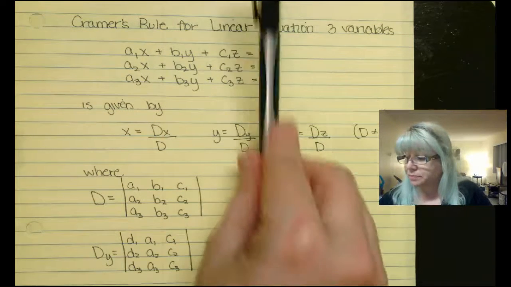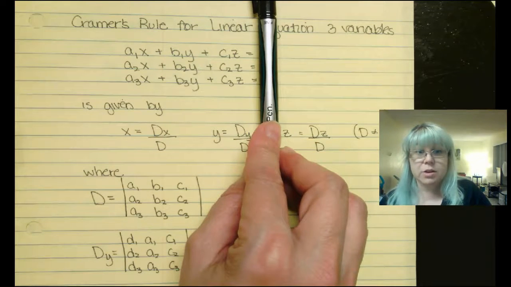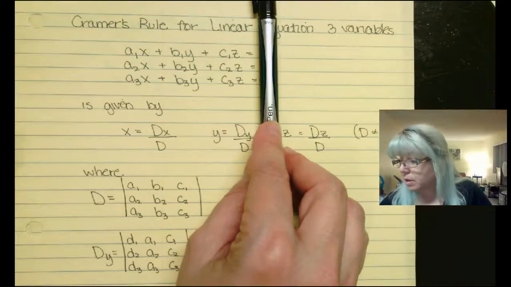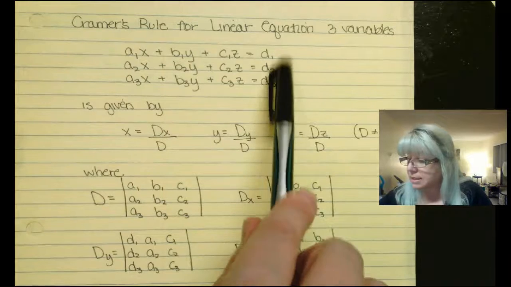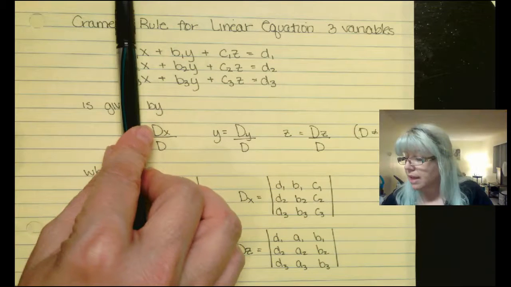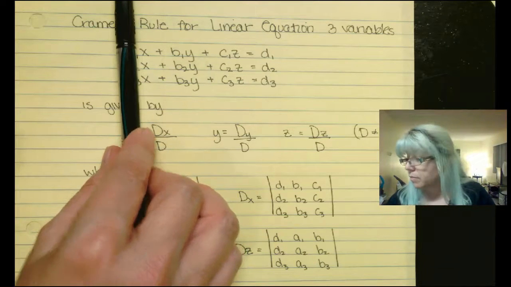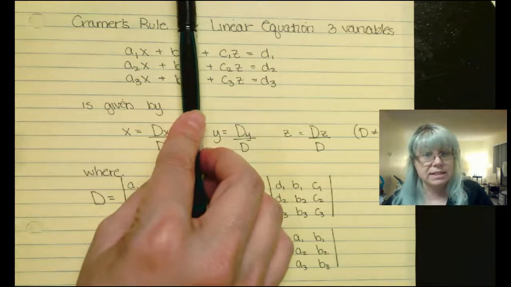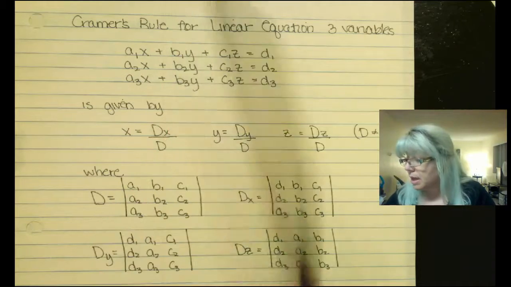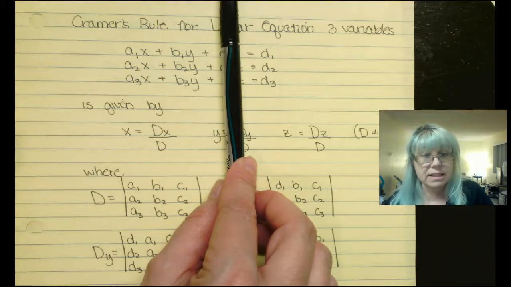D is going to be all the coefficients of the variables: a1, a2, a3, b1, b2, b3, and c1, c2, c3. dx is the constants without all the x's, but with all the coefficients of the y and z. dy is the constants and then all the x's and all the z's. dz is the constants with the coefficients of the x's and the y's.